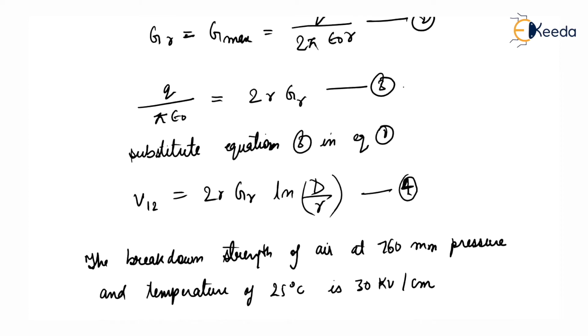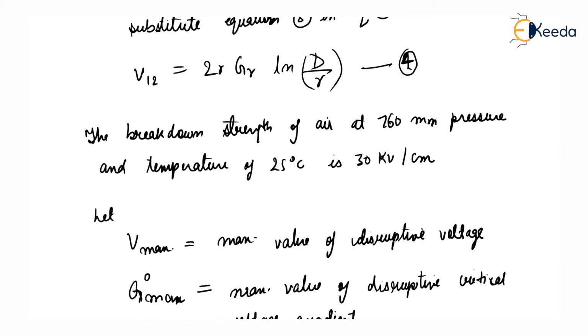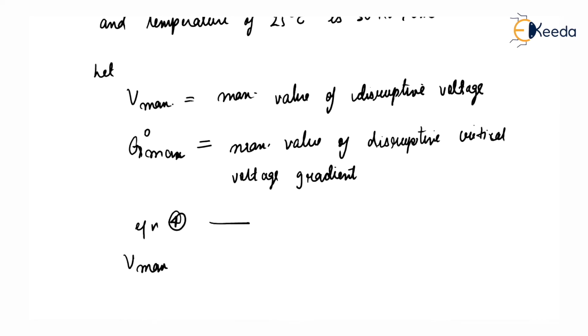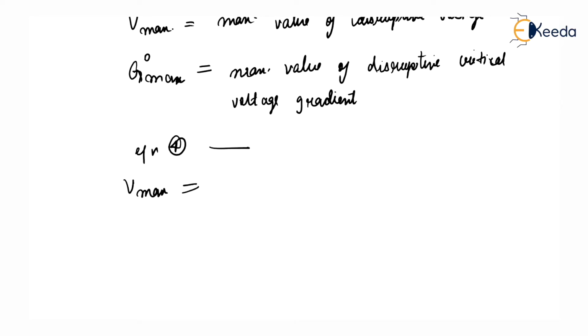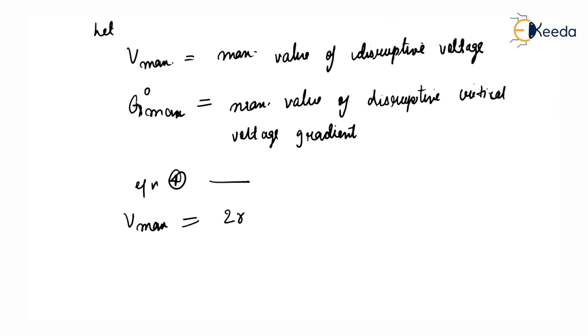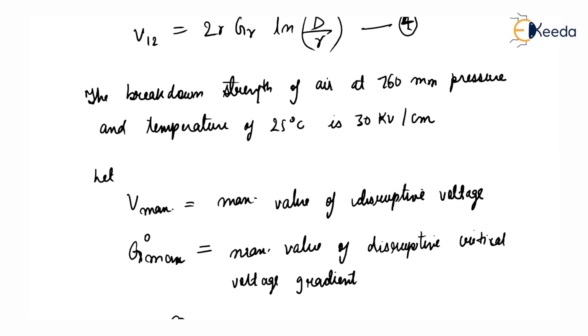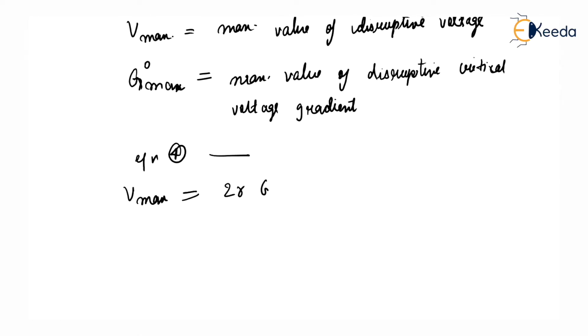So this equation number 4 can be written, instead of V12, as V max equals 2r, and g_r we can write as g max degree, into log d by r. This is equation number 5.